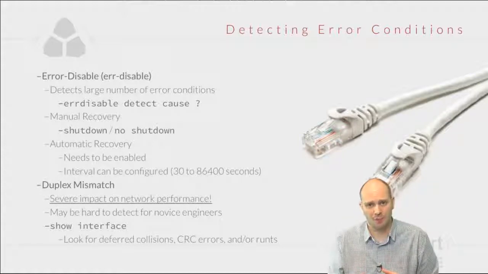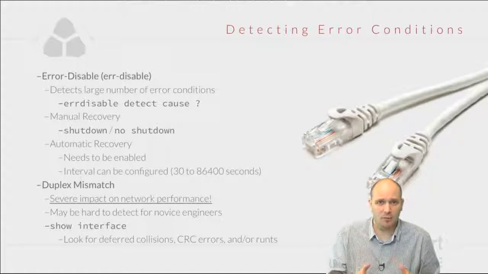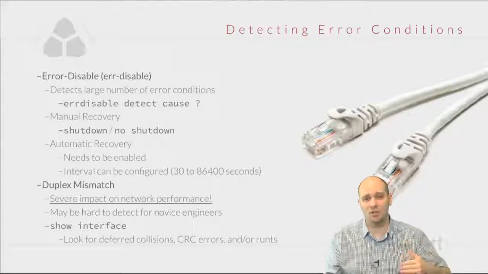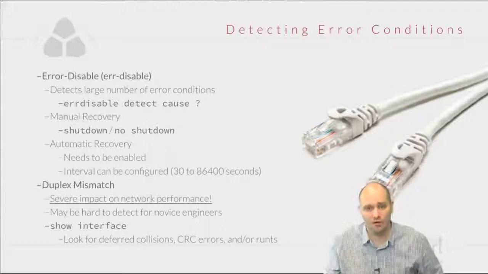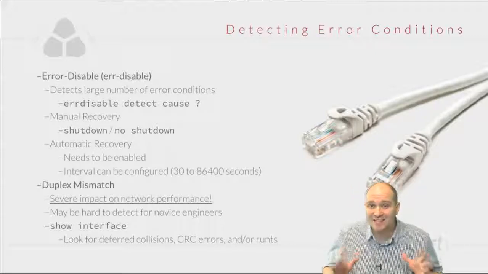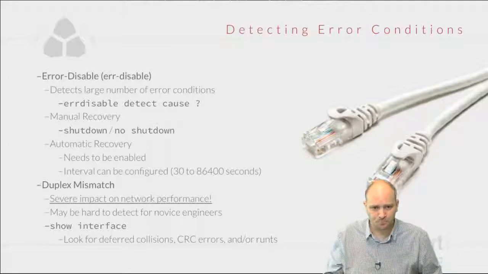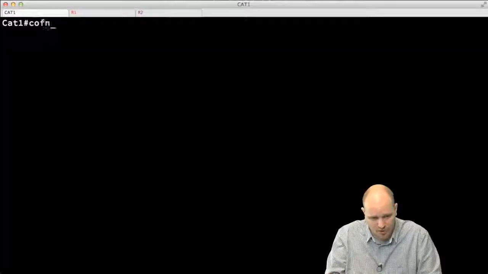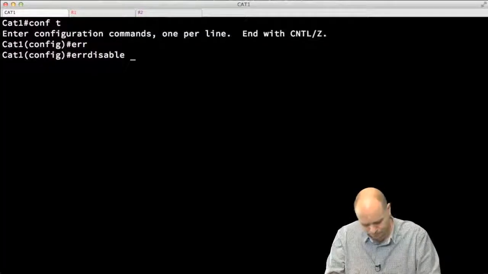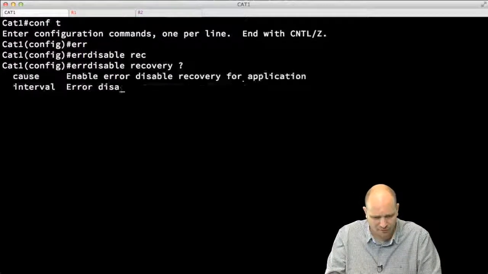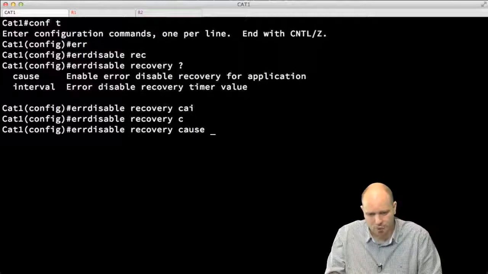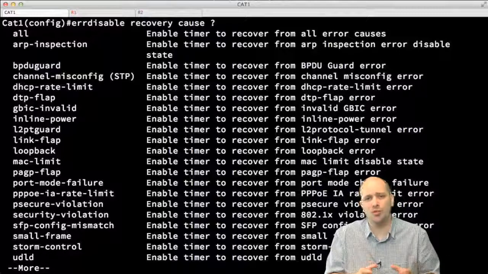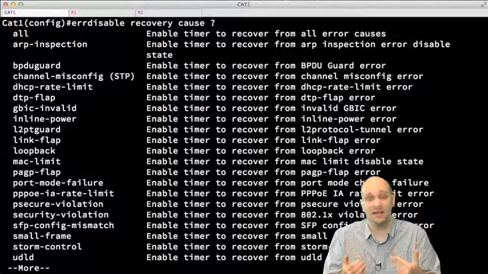Sometimes this is desirable behavior, and sometimes you actually want to have the switch attempt to automatically recover from the error condition, and this can actually be changed. It can be changed on the switch using the errdisable recovery cause command, and here you can specify for which causes you want the switch to attempt to automatically recover.